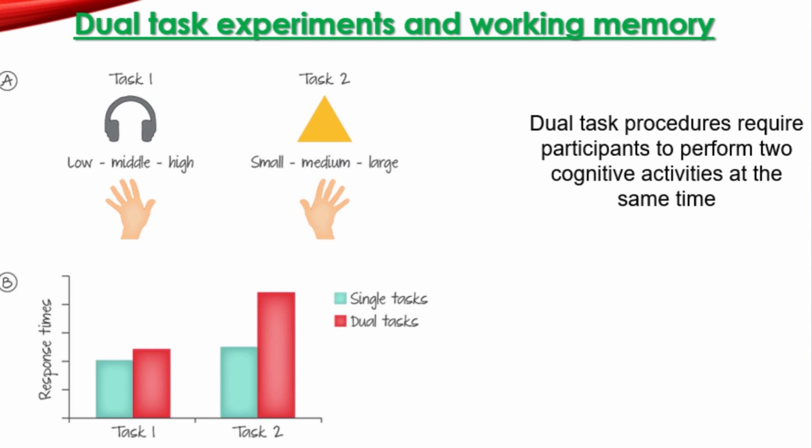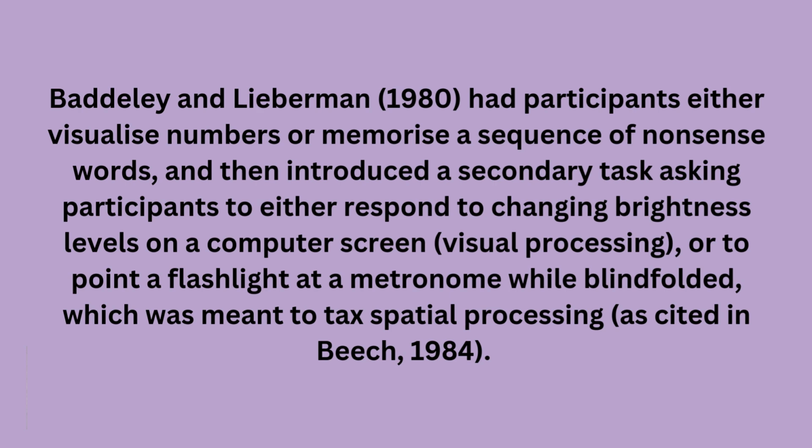Dual task procedures require participants to perform two cognitive activities at the same time. So Baddeley and Lieberman had participants either visualize numbers or memorize a sequence of nonsense words, and then introduced a secondary task asking participants to either respond to changing brightness levels on a computer screen, that is visual processing, or to point a flashlight at a metronome while blindfolded, which was meant to tax spatial processing.